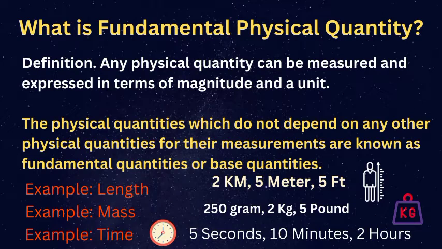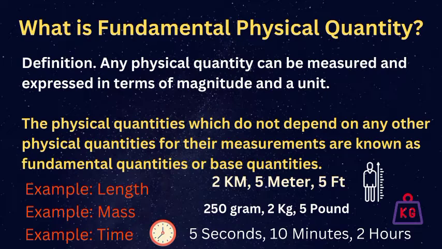The physical quantities which do not depend on any other physical quantities for their measurements are known as fundamental quantities or base quantities. Most commonly used fundamental physical quantities are length, mass, time. Day to day, every time you use all these things.